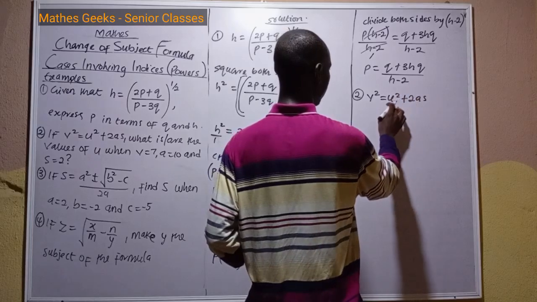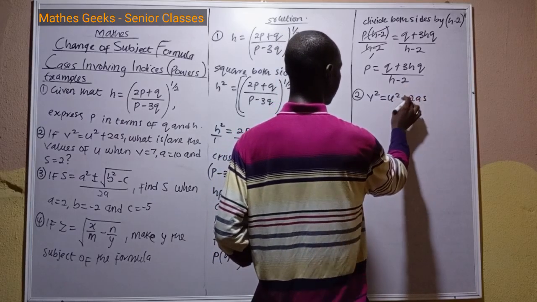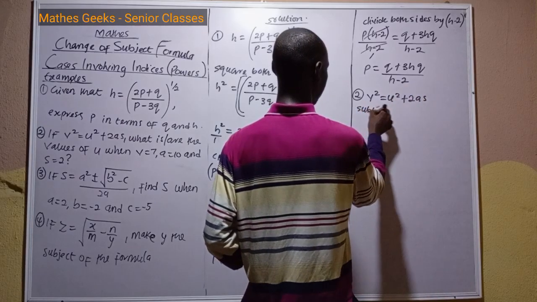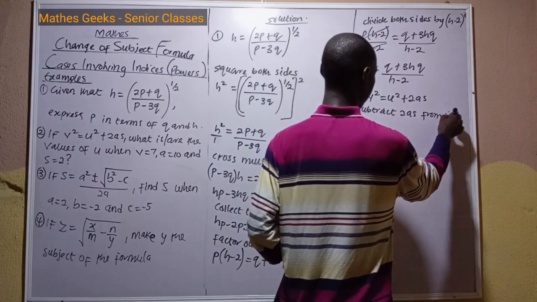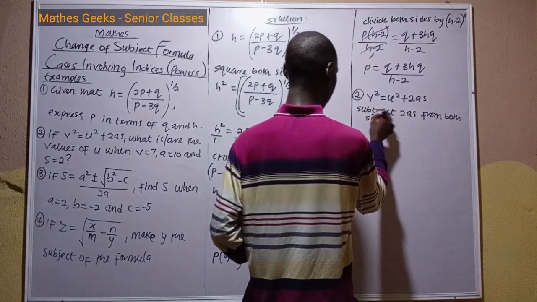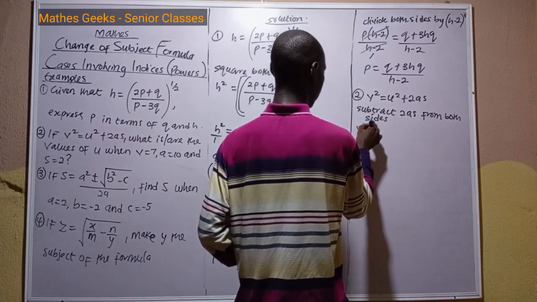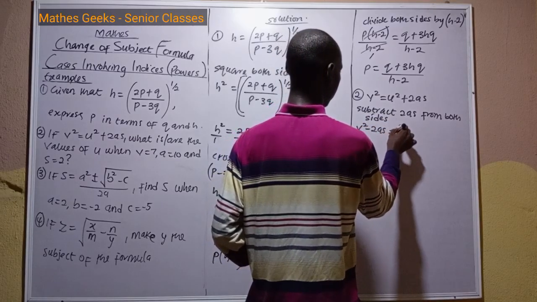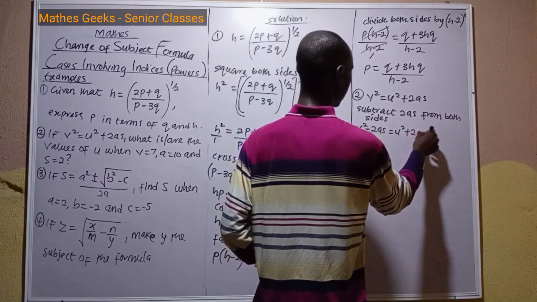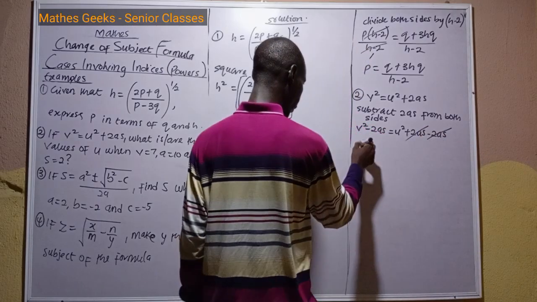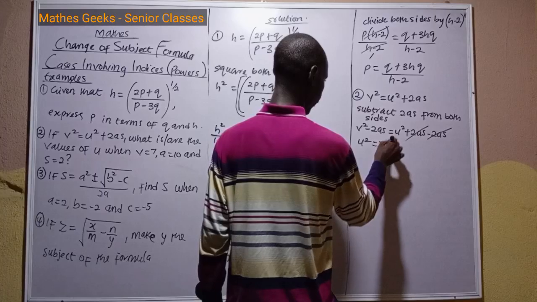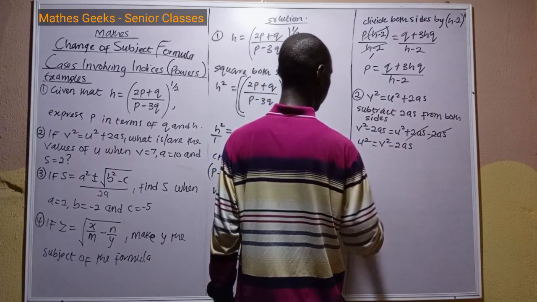So to make u the subject, let's eliminate this part. Take this addition to subtract 2as from both sides. So v squared minus 2as equals u squared plus 2as minus 2as. So this will give you 0. U squared equals v squared minus 2as.